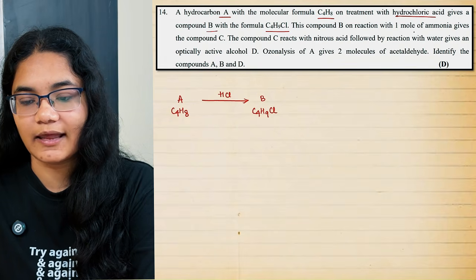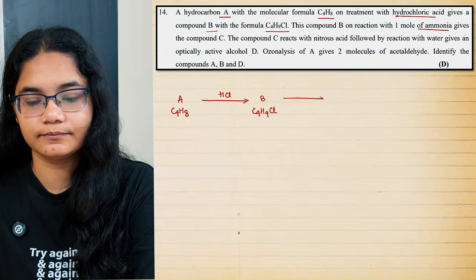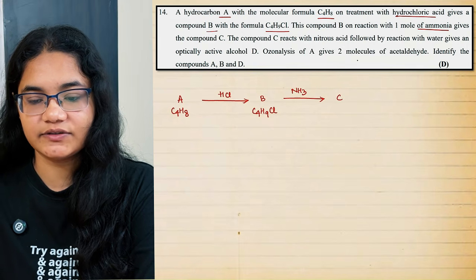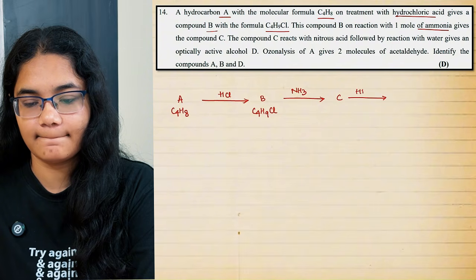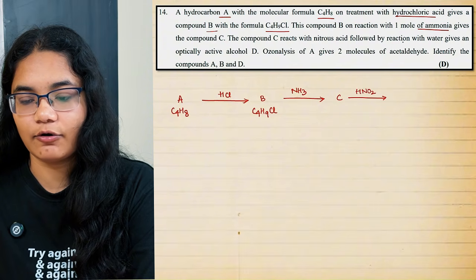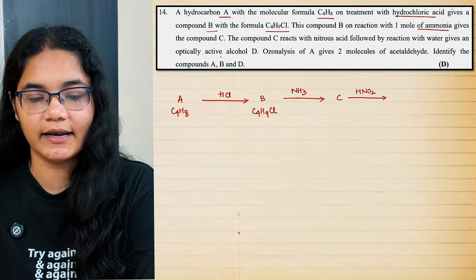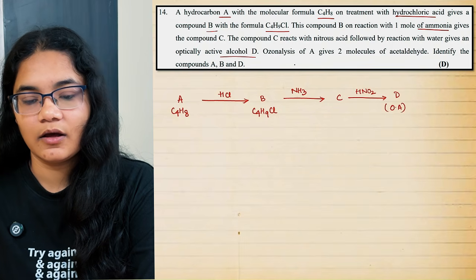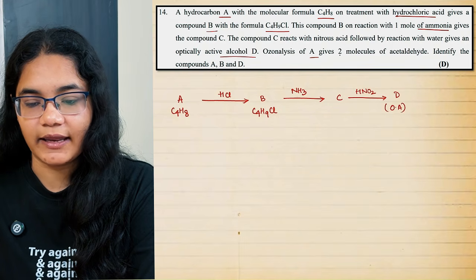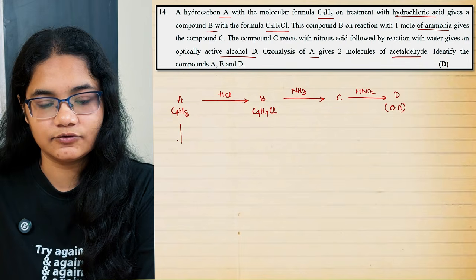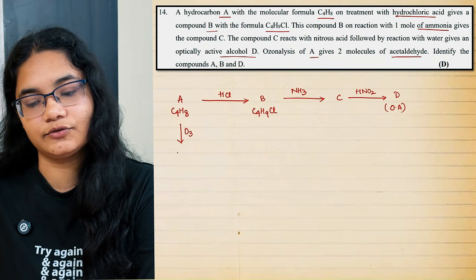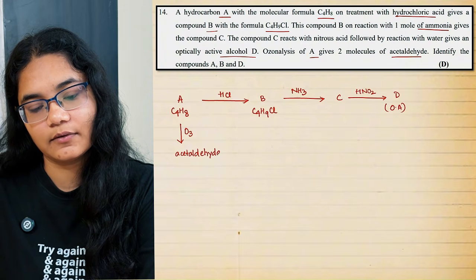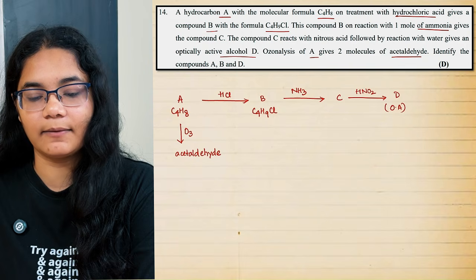The compound B on reaction with 1 mole of ammonia gives a compound C. Now the compound C with nitrous acid followed by the reaction with water gives an optically active alcohol D. Now the ozonolysis of A gives 2 moles of acetaldehyde. Now identify the compounds A, B, and D.